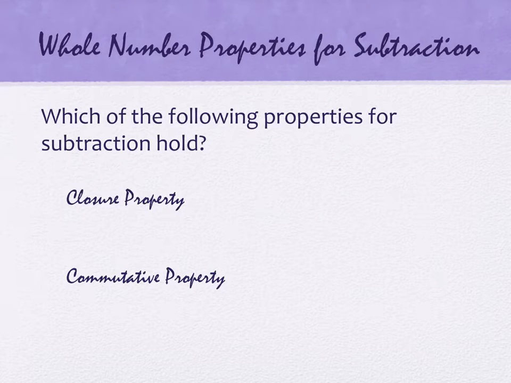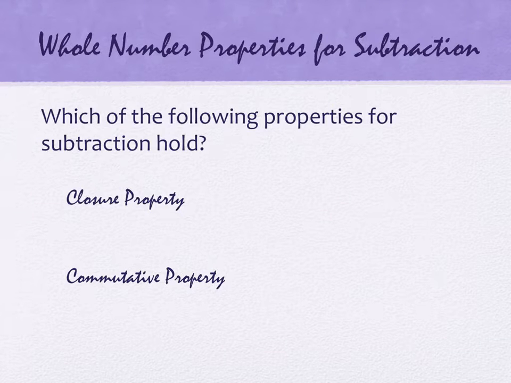Is there a closure property for subtraction? Remember, closure meant that if I take 2 numbers and apply this operation, will I always get another whole number, because I'm working in the whole numbers? Does that work for subtraction? What about if you get a negative number? Can you give me an example, Catherine?